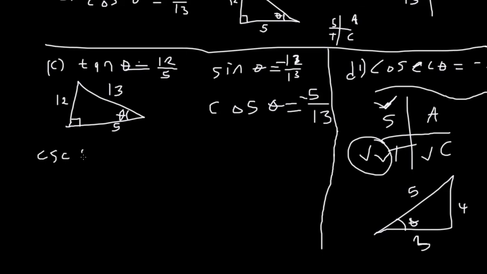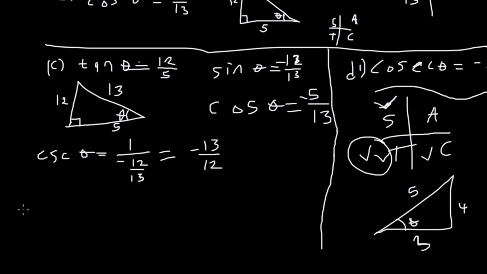Let's take for instance this same question C. Cosec is 1 over sine theta. My sine theta is negative 12 over 13, so my answer there will give me negative 13 over 12.